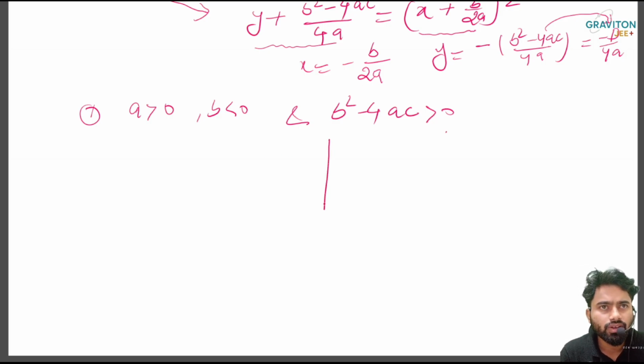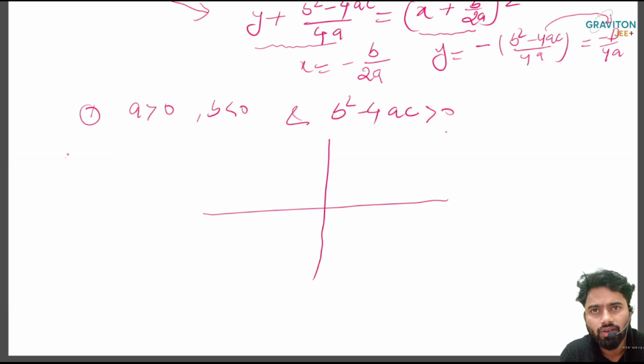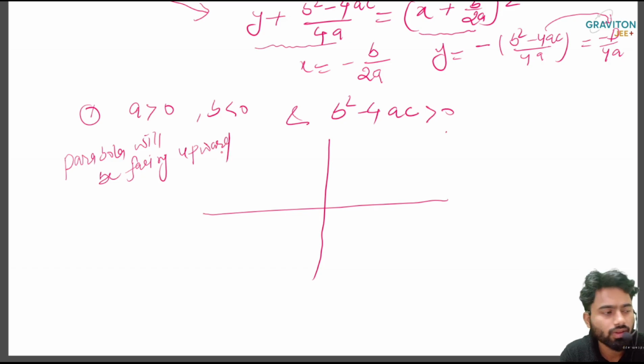If a is positive, first you have to observe that geometrically the parabola will be facing upward. Now look at where the vertex of this parabola lies.